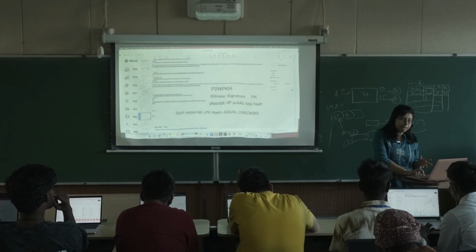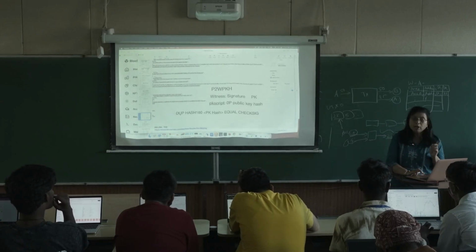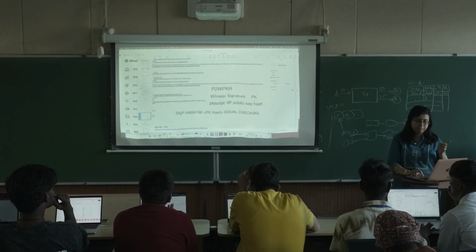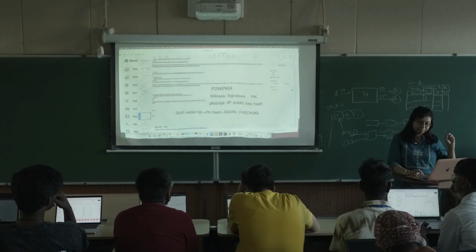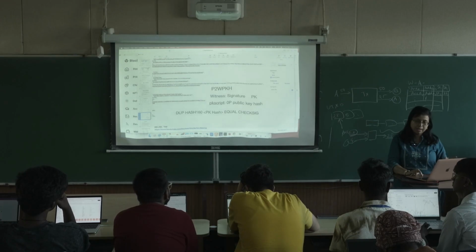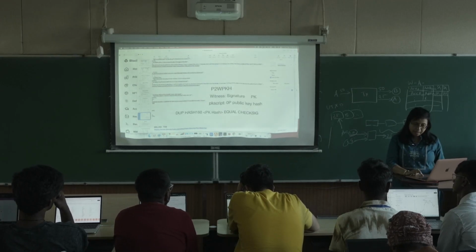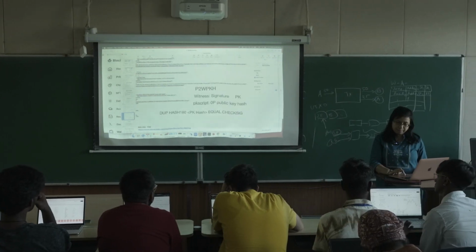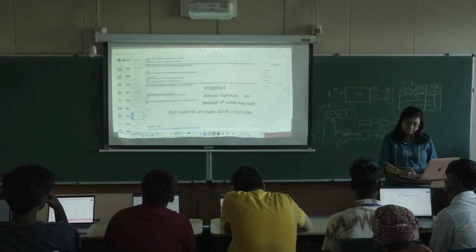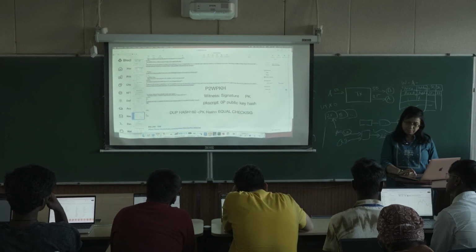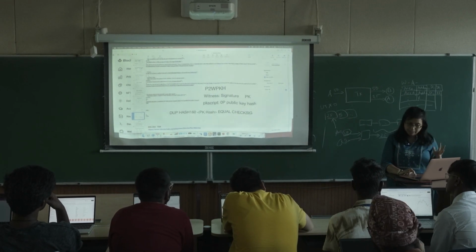What this script does is: duplicate, dup, hash 160. It hashes it. Then it takes a public key hash. This PK script is the value that you have got there. It will check equality and then check with the signature.